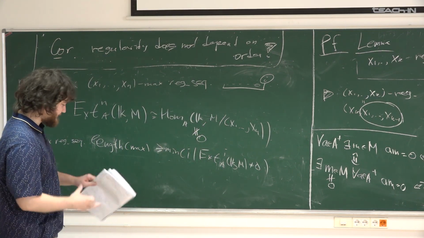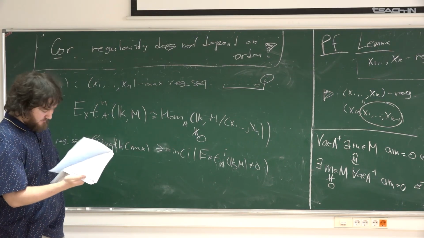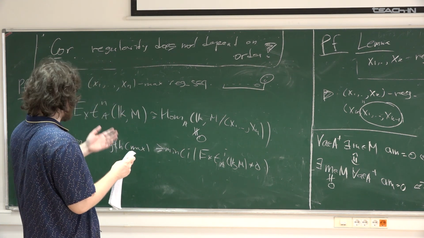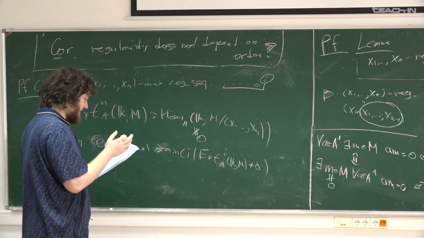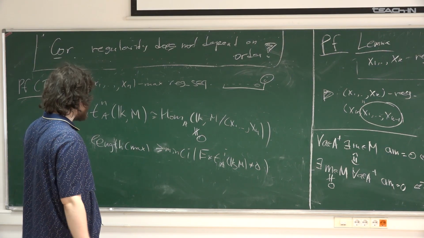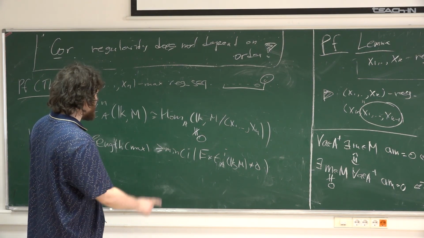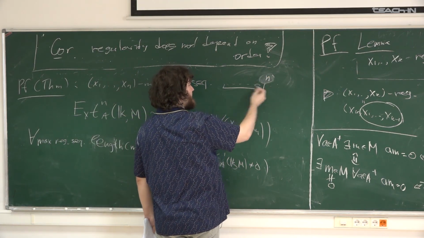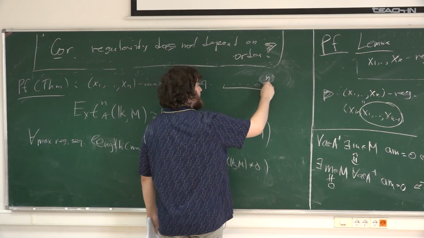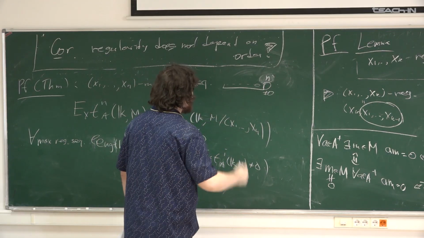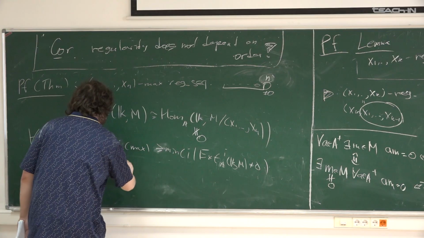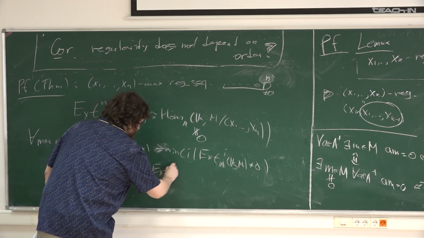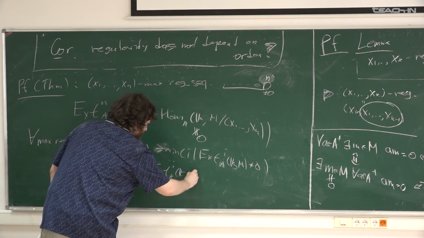And oppositely, the opposite is also from the lemma. Consider such minimal i, denoted by n. So I have zeros before n, and n is the first non-zero, the minimal non-zero. Now if i is less than n, so all my Ext are 0.